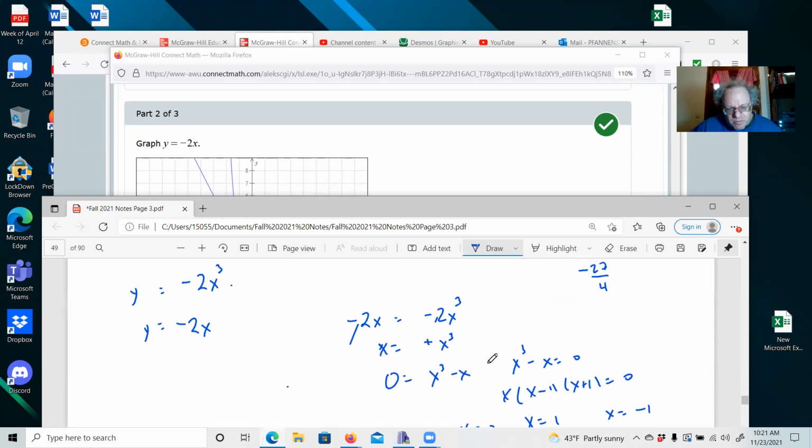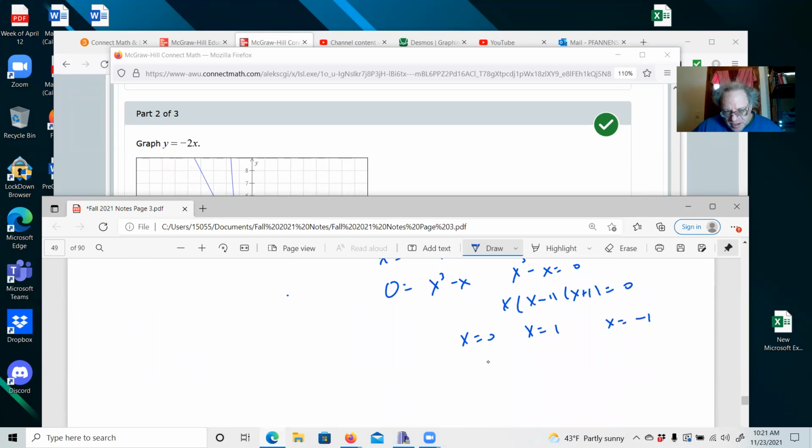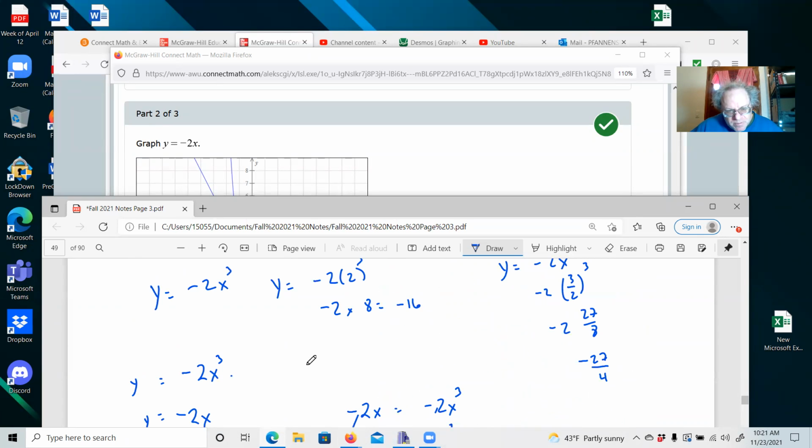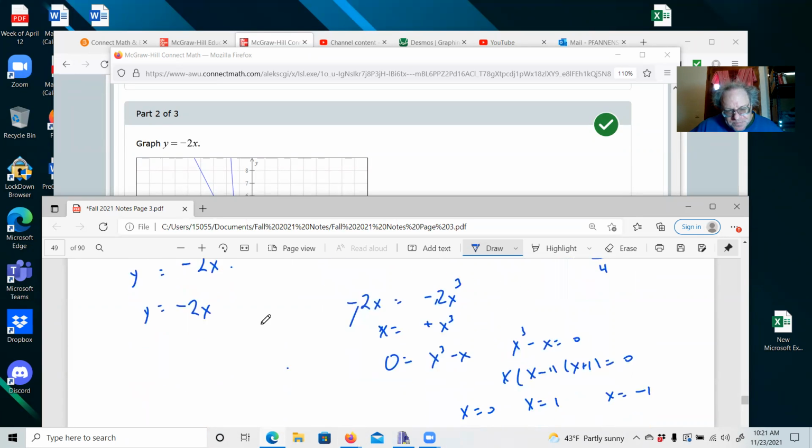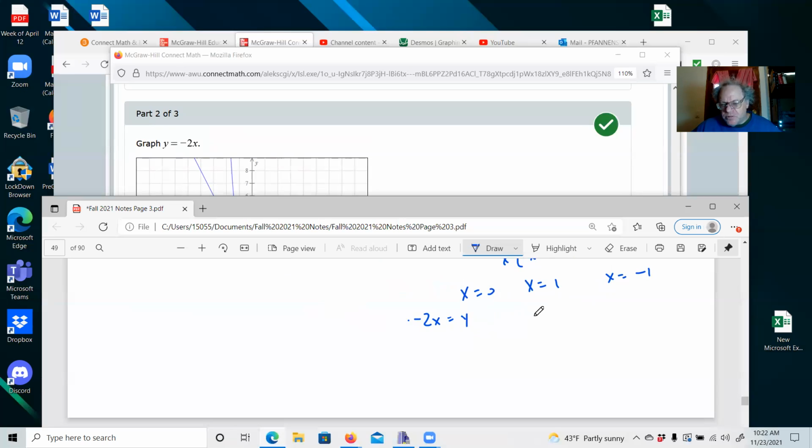If I go back to my value here, we've got negative 2x is equal to y. That's from this equation. All we have to do is plug things in. When x equals 0, we have negative 2 times 0 is equal to y. So 0 is equal to y.